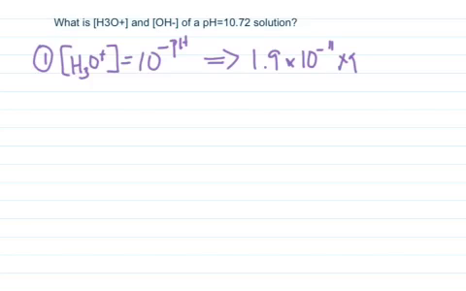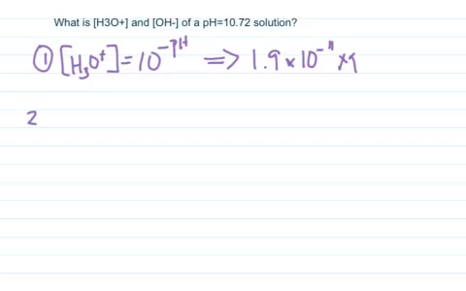Remember, hydronium and the hydroxide are molarities. Now, why do I have 2 significant figures? Well, because I had 2 significant figures after the decimal point. That means my molarity needs to be 2 significant figures. So now that we have hydronium, we can now find the hydroxide.